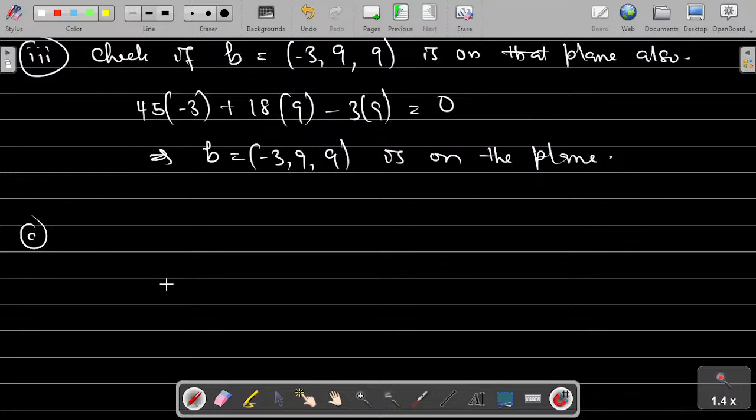And this is the system we are given: 10x1 minus 3x2 and then minus 2x3 equal to 0. They are asking us to present two vectors that span the solution space of this homogeneous system.